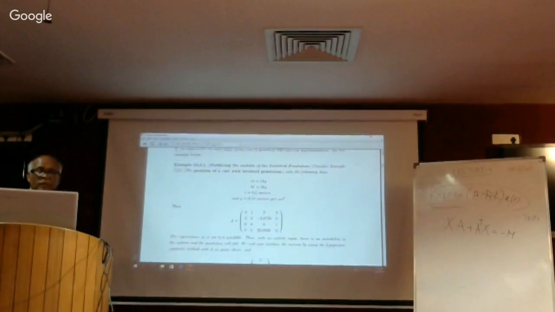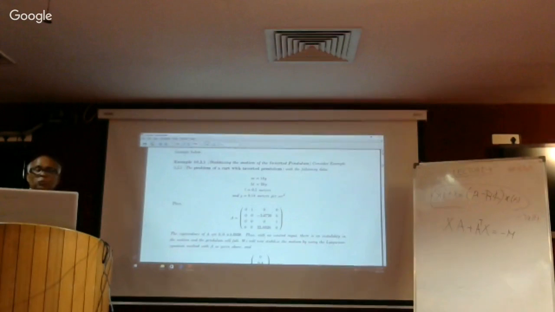If we choose the parameters this way, you have seen already yesterday that the system is not stable. It's controllable but not stable, right? Remember, with the B that is given, it's controllable but not stable. So we need to stabilize the system.